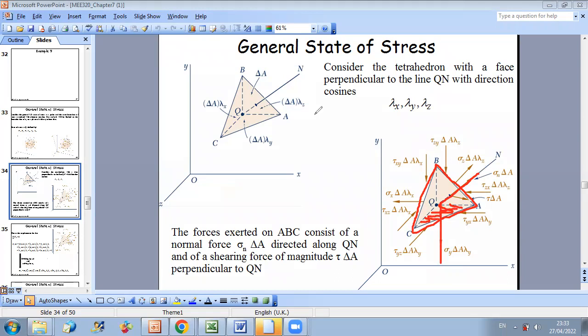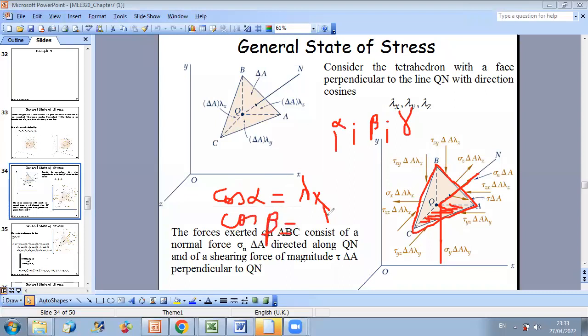So then if we define the three angles of line QN with XYZ as alpha, beta, and gamma, then cosine alpha will be equal to lambda x, cosine beta will be equal to lambda y, and cosine gamma will be equal to lambda z.